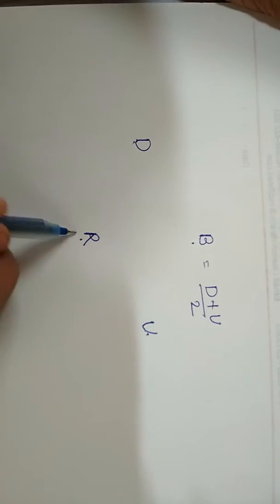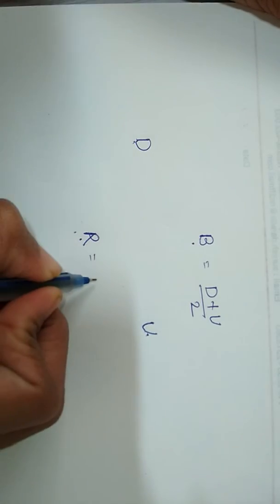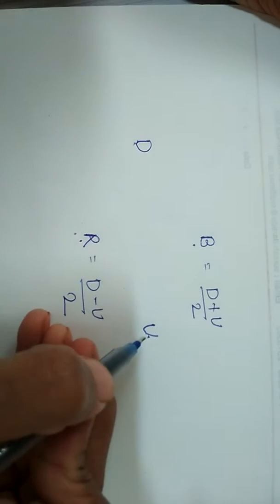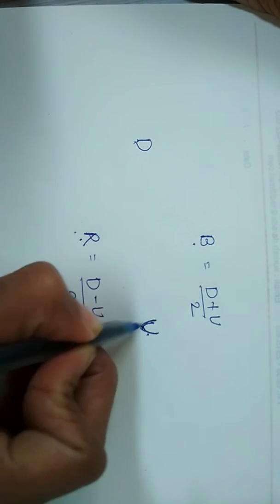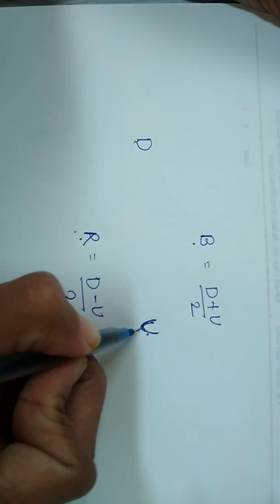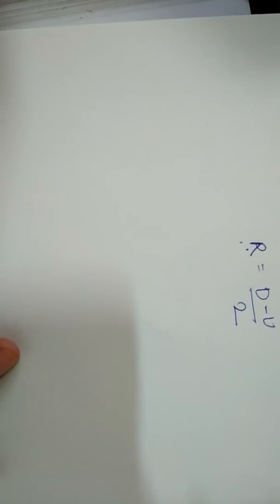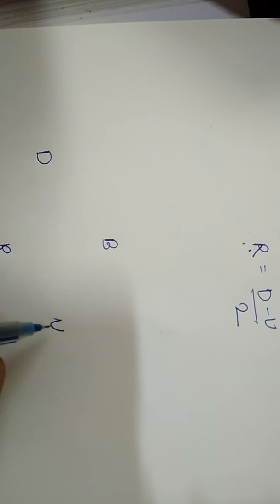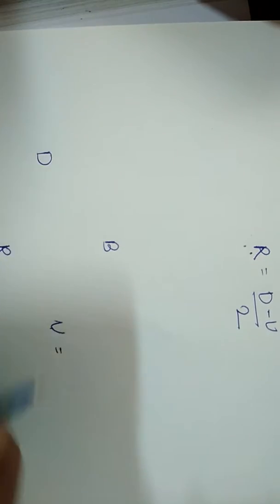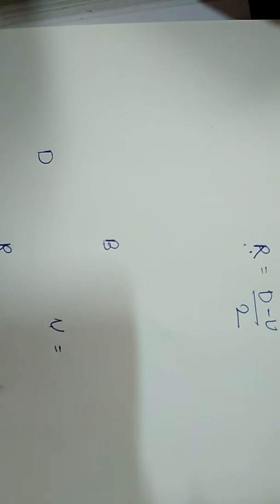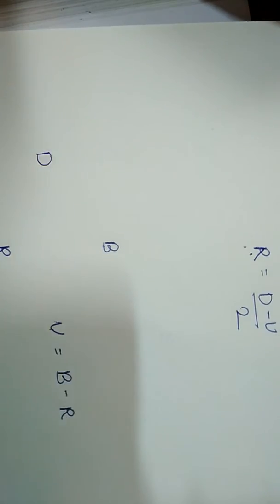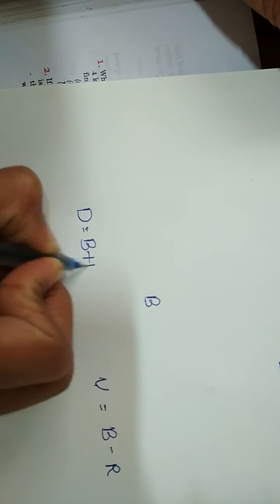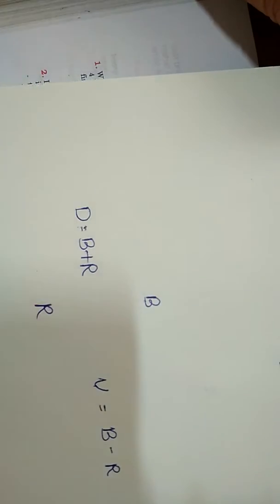When you have to find river speed, you deduct: D minus U divided by 2. See, B, R, U, D. When you have to find upstream, it is B minus R, that is boat minus river. And when you have to find downstream, boat plus R is downstream.